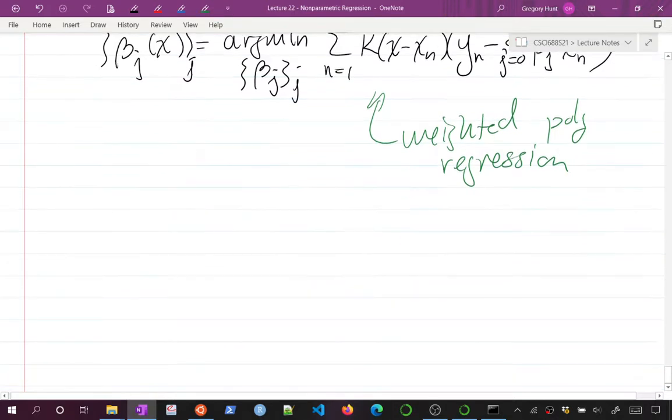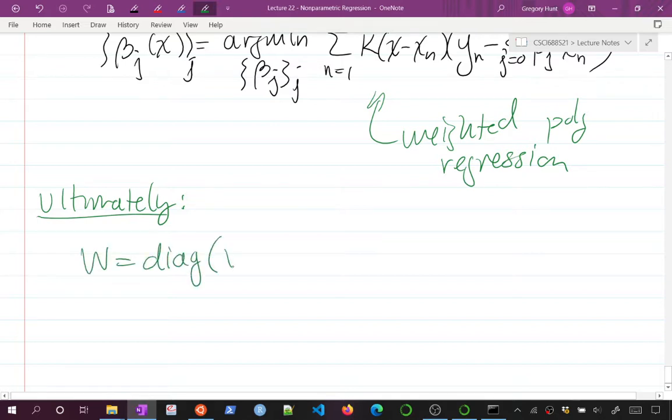And because it's just a weighted polynomial regression, what we're going to be able to do is form our weight matrix W, which is going to be something like this.